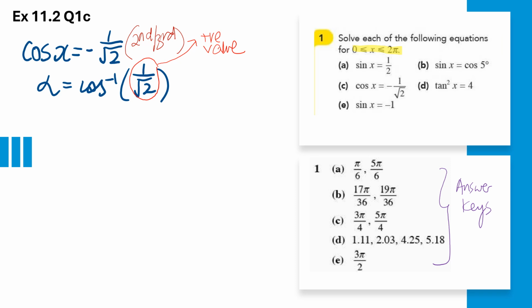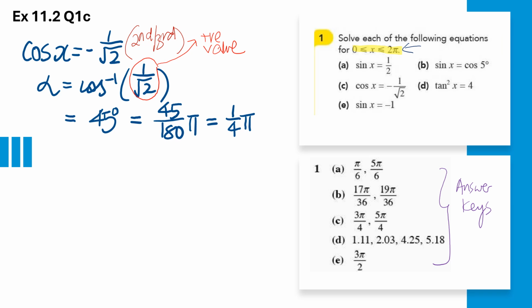So when you cosine inverse 1 over square root 2, the calculator will give you 45 degrees. However, because the range given to you is in terms of pi, that is in radian, therefore you have to convert your 45 degrees to radian. That is 45 over 180 times pi, that is 1/4 pi.